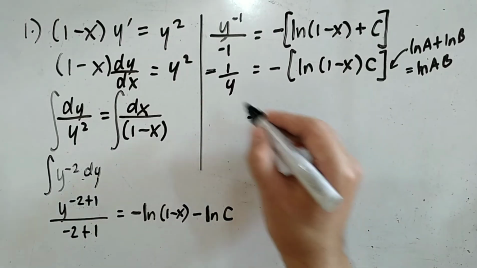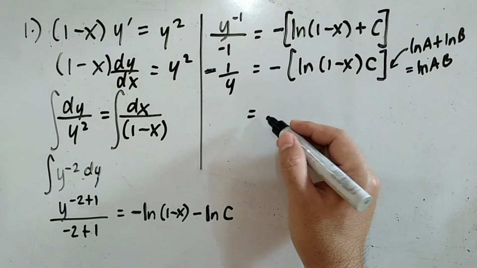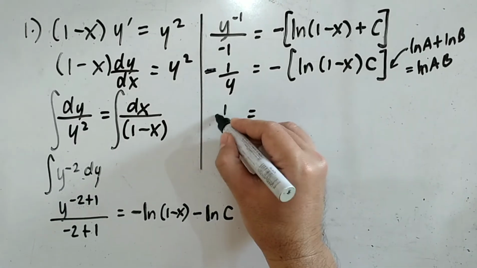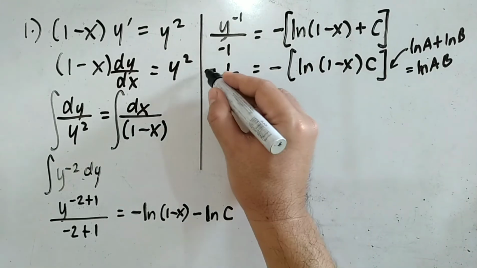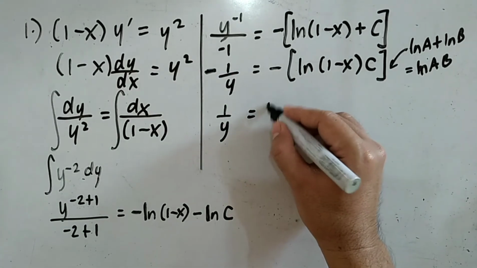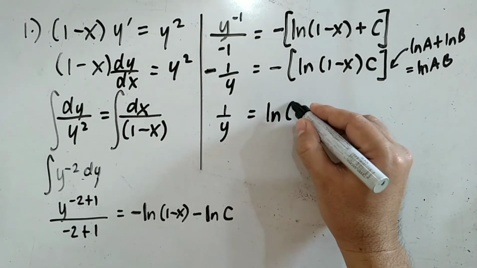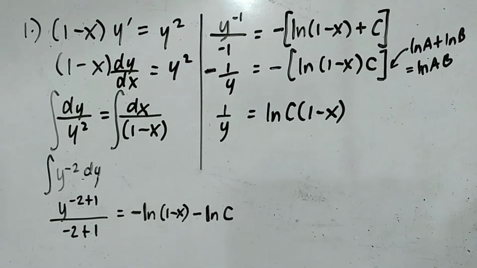And multiplying negative to both sides, we have 1 over y equals, the negative cancels, the negative here becomes positive as well. So we have ln of c times 1 minus x.